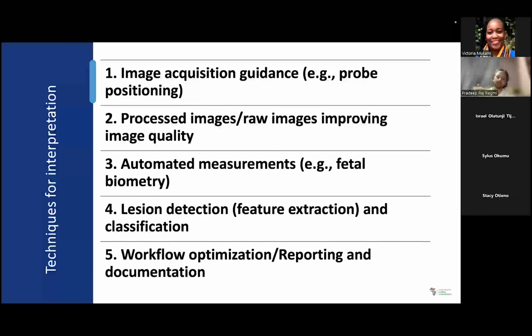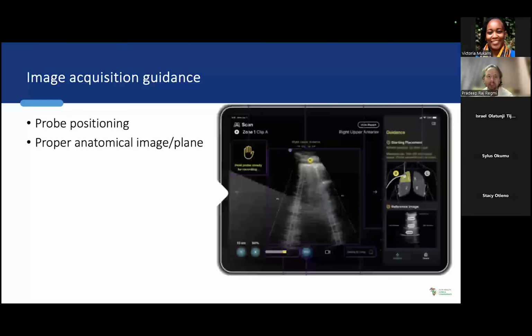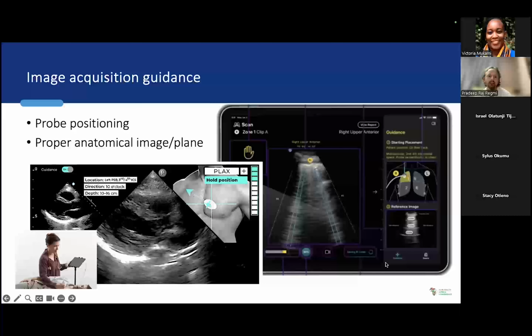So in these five sectors, AI can roll on, so that there can be standardized images, good measurements, and lesion detection is also optimum, and there is reporting and documentation as well. Coming to image acquisition guidance, I have kept this example of lung ultrasound.